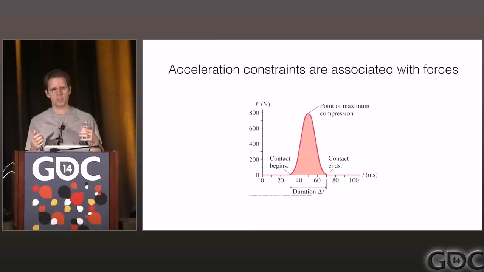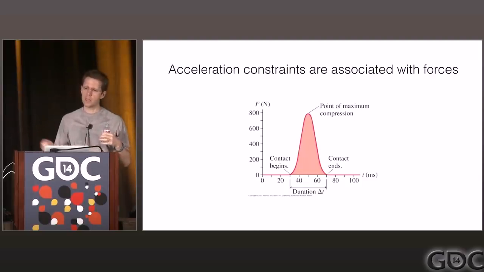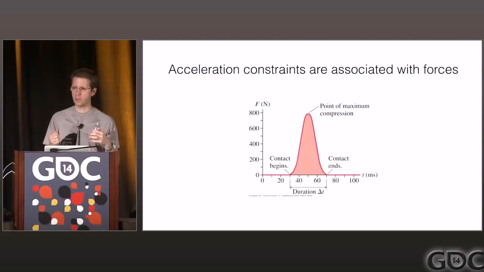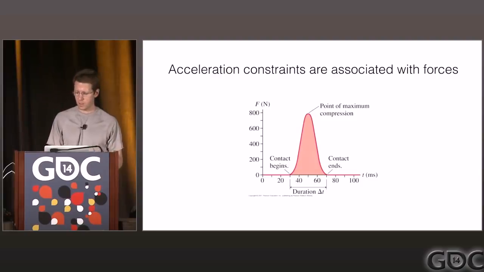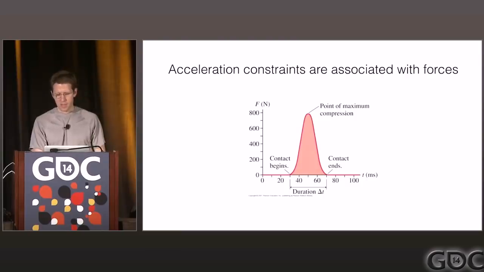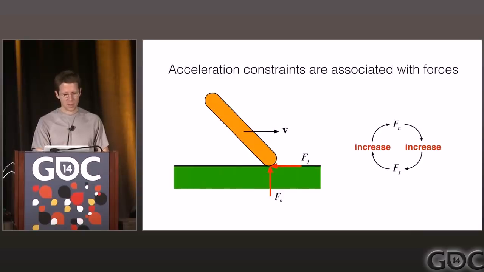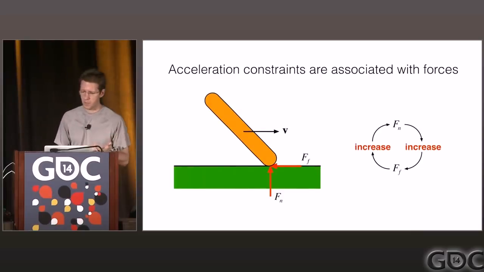And when you're dealing with acceleration and forces, you need an infinite force to do that. So we don't do that. So you could say, well, okay, I'll apply impulses during collisions, but then I'll use acceleration and forces when things are in steady contact. Well, that also doesn't work.